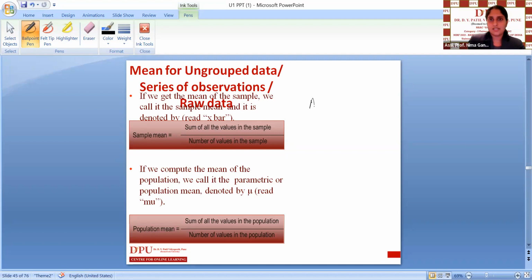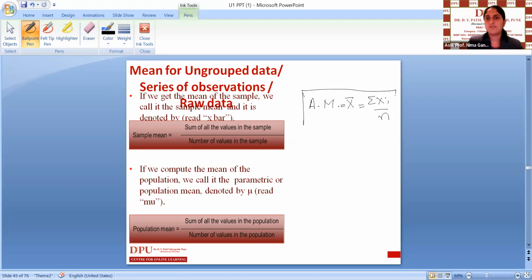the arithmetic mean, we generally represent it by x bar. And the formula for this is summation of xi upon n. Summation of xi means sum of all the observations divided by the number of observations. If you have ungrouped data or individual series of observations, that time you use this formula.